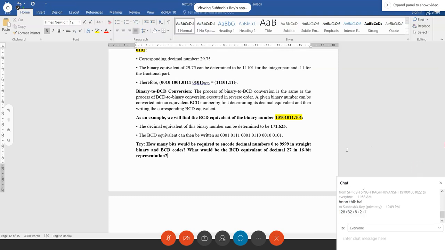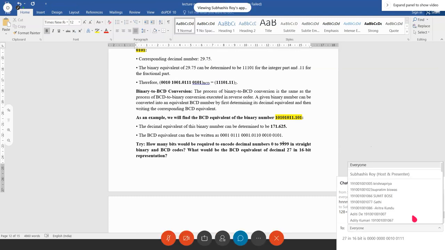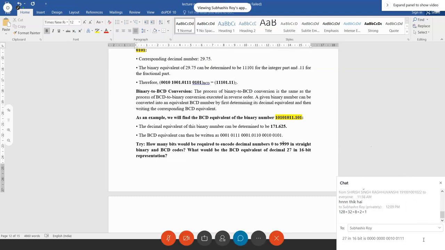Which one is question number 2 here? I cannot understand this first example.